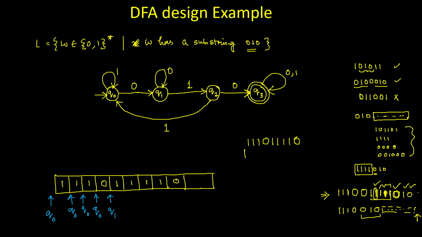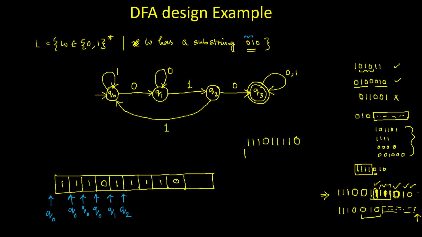I've got this 0 and 1, two parts. So from where I am now, Q1, on 1 I will go to Q2. Fine. And now somehow we have to read a 0. If I get a 0, then it is okay. If I don't get 0, then the entire searching is lost and I have to search for a 0 again.